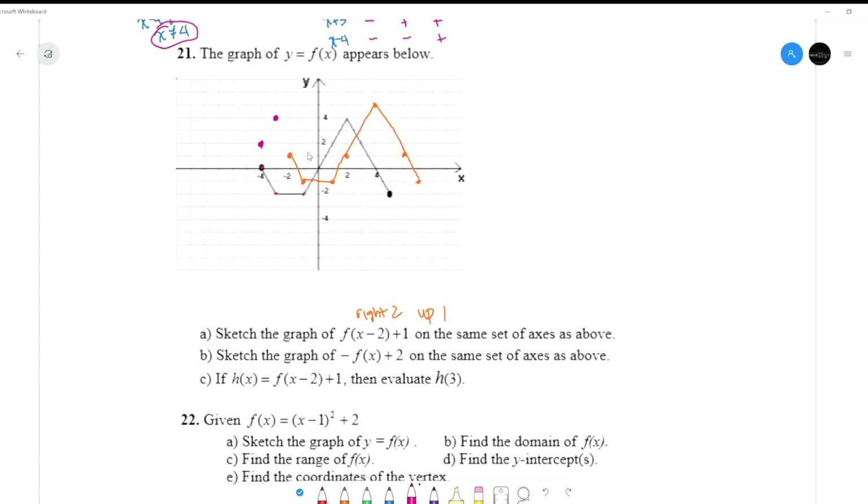This one, you reflect it and then you go up 2. 0, up 2. So 2, 4, you reflect that, it becomes 2, negative 4, and then it goes up 2. And for 5, negative 2, you reflect it, and then you go up 2. So this one looks a little different, but it's a reflection over the axis, and then up 2. Hopefully that makes sense, right?